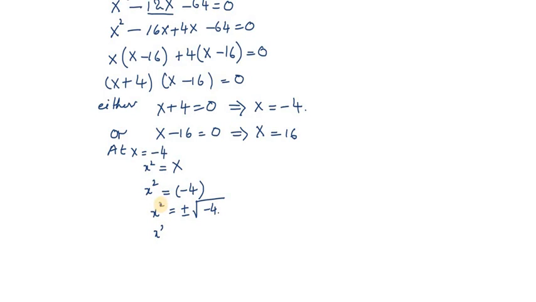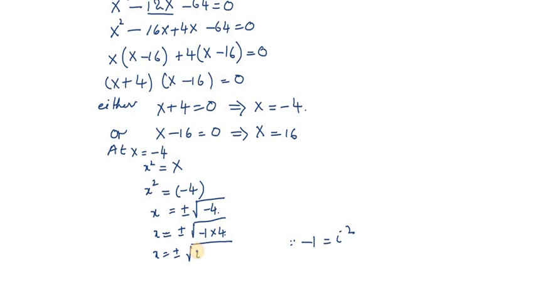When we take the root of x square, the square will cancel here. We know that we can write minus 4 as minus 1 multiplied by 4. x is equal to plus minus root of minus 1 times 4. The value of minus 1 is equal to iota square.